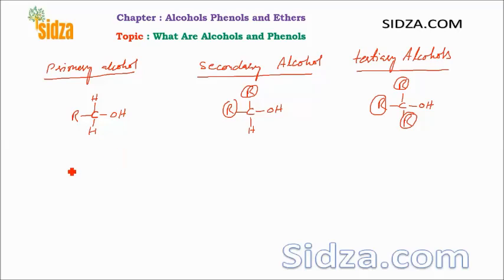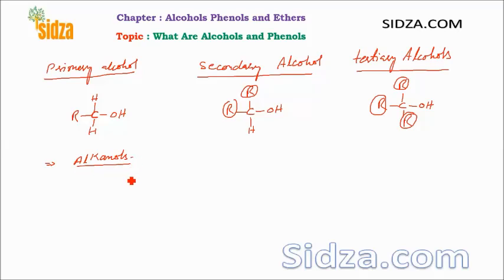Alcohols are named in the IUPAC nomenclature system. Alcohols are called alkanols, right?